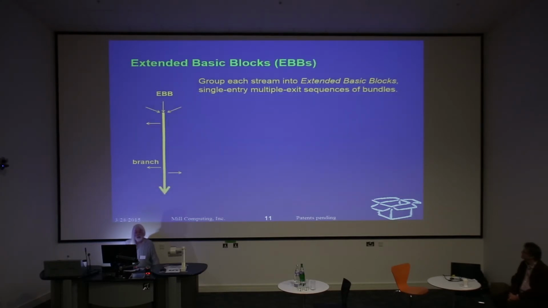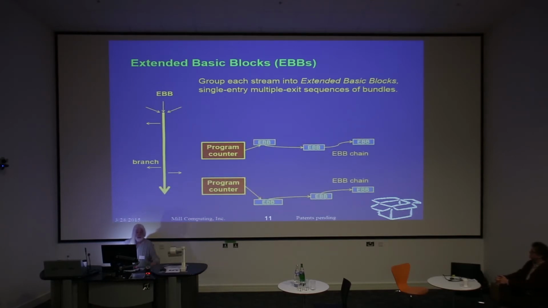And our solution was we broke all of the code into extended basic blocks. This is single entry, multiple exit, and in our case can contain embedded calls, but that's not a matter here. So each one of these instruction streams is a chain of EBBs with the program counter pointing into one and branches connecting to the beginning of another EBB.